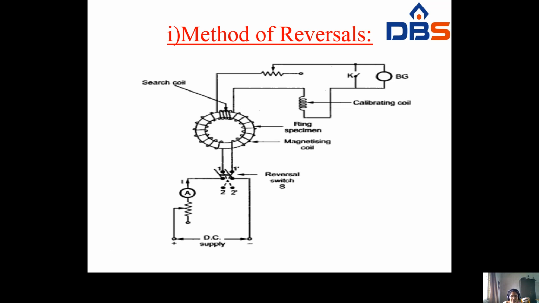Some current will flow through this magnetizing coil, so the coil is energized and produces some flux. The reversing switch is thrown backward and forward 20 times.